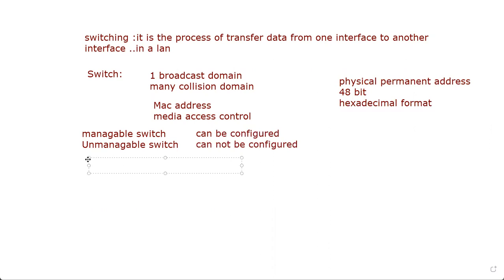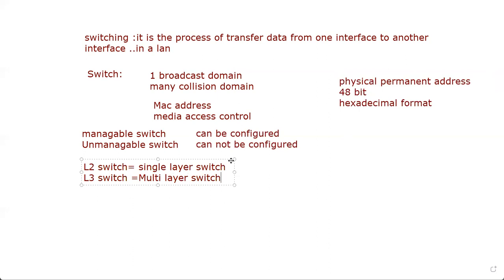According to the OSI layers, switches are also divided into layer 2 switches and layer 3 switches, which we discussed previously. Layer 2 switches are single-layer switches and layer 3 switches are multi-layer switches.